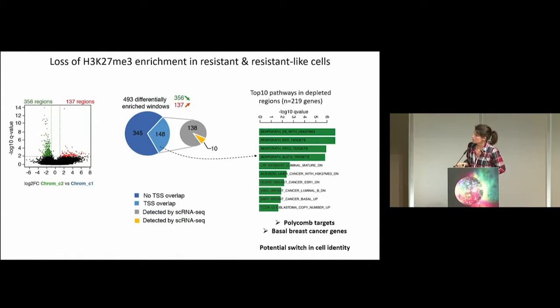So just to tell you that the data is now good enough to perform, as you've seen, clustering without any a priori, but also to perform differential analysis at the single-cell level. We can pinpoint the loci that are really characteristic of these different epigenomic layouts. And what we saw is that a lot of things are moving around. Mostly we're seeing demethylation in the resistant and resistant-like cells, which was kind of expected actually.